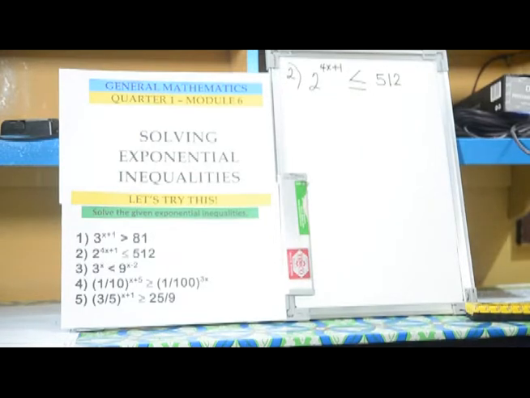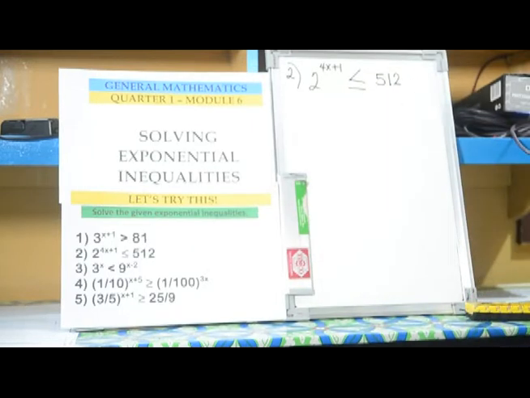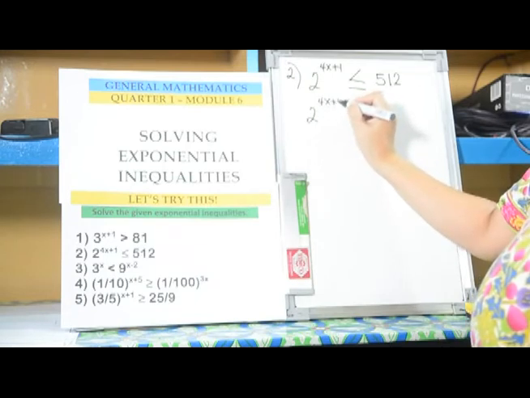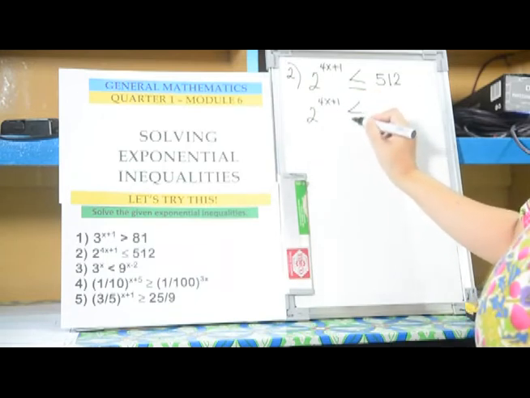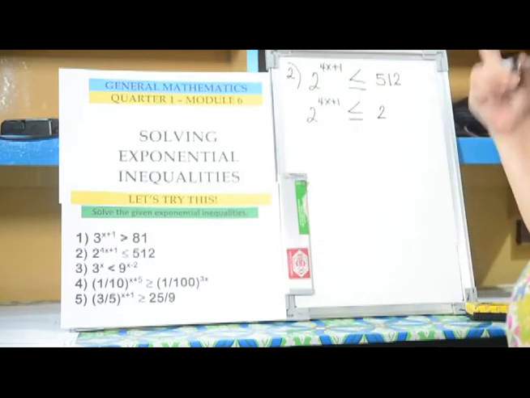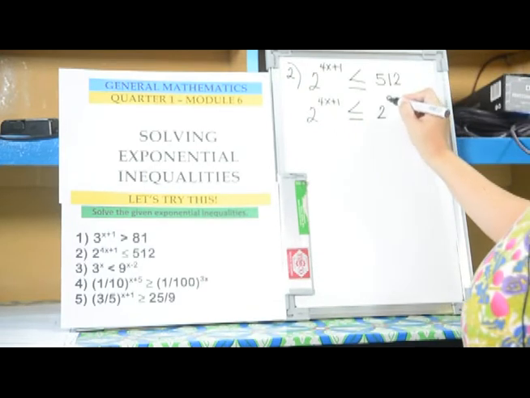Again, we don't have the same base because we have 2 and 512. So we'll change that to the same base. We can get the base of 2 for 512, as it is also a common factor of 512. So we have 2 raised to the power of 4x plus 1 is less than or equal to 2 raised to the power of 9.